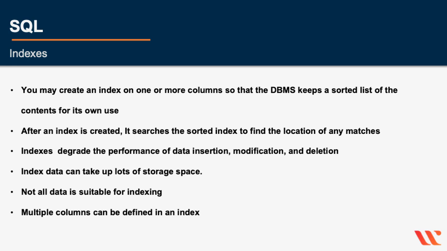The indexes do degrade the performance of the data that's being inserted, modified, and deleted, because every time you make a change to a column that has an index on it, the database has to reevaluate and resort all the data internally in order to keep the index up to date. Not all data and data types are suitable for indexing. And you can also combine multiple columns and create an index based on that.